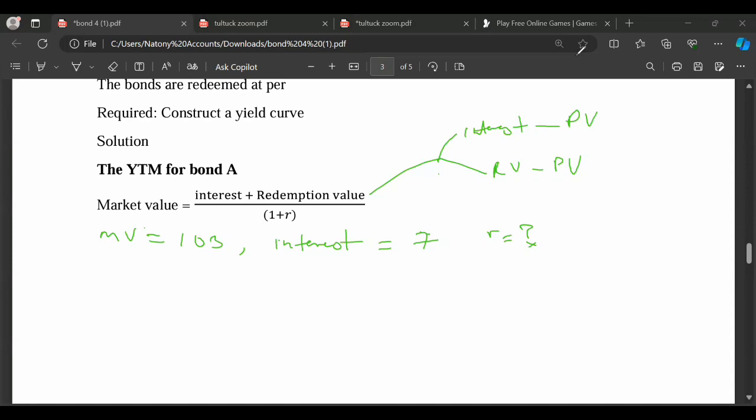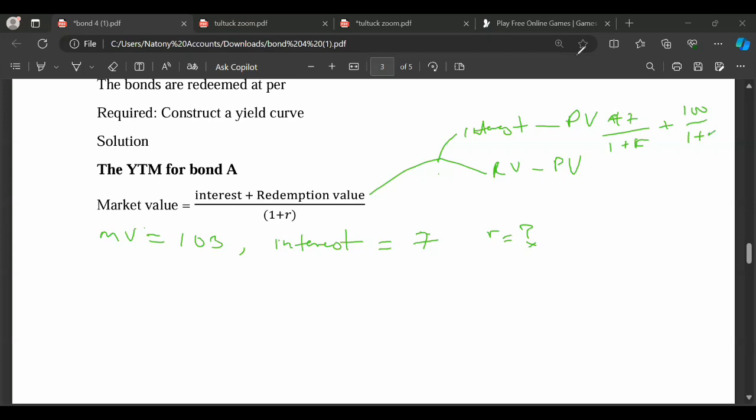In this example, the interest is 7 naira, so I can say 7 naira all over your discount factor, which is 1 plus R, plus the redemption value, which is 100, all over 1 plus R.